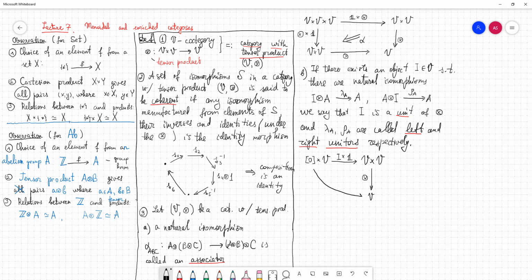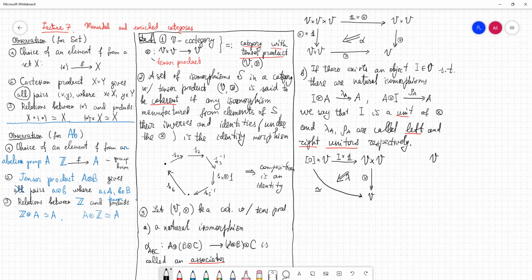Also, we have a natural isomorphism expressing that taking the product of a trivial category with any category gives that category again. The two-cell that fills this triangle is lambda, our natural isomorphism lambda.